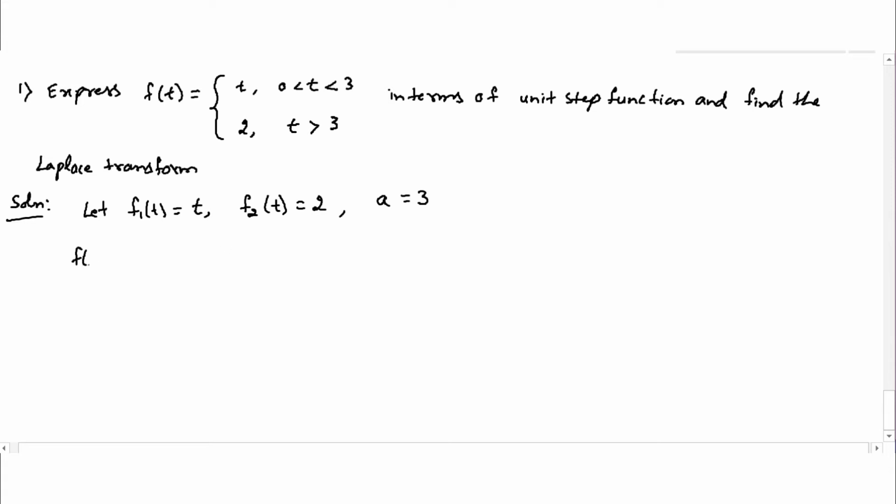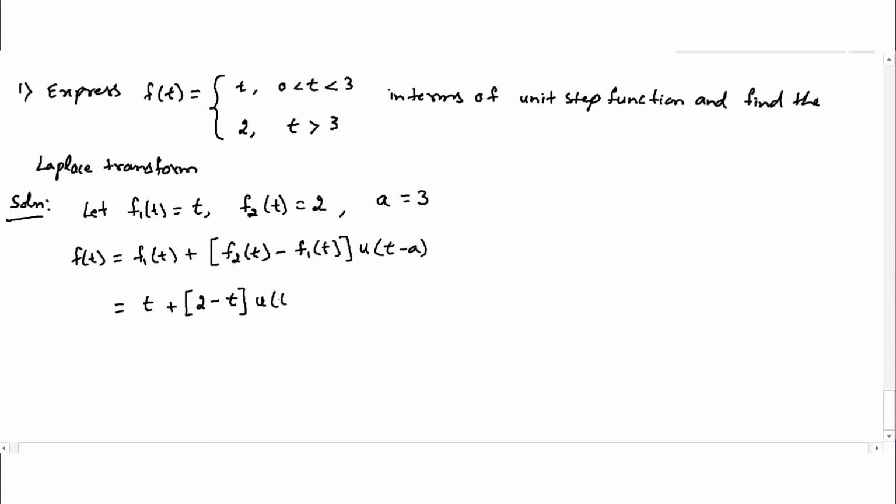You can write the function f of t is equal to the first function f1 of t plus the difference of the second function minus the first function, f2 of t minus f1 of t, into u of t minus a. Just plug in the values: f1 of t is t, plus f2 of t is 2 minus f1 of t is t, times u of t minus 3.